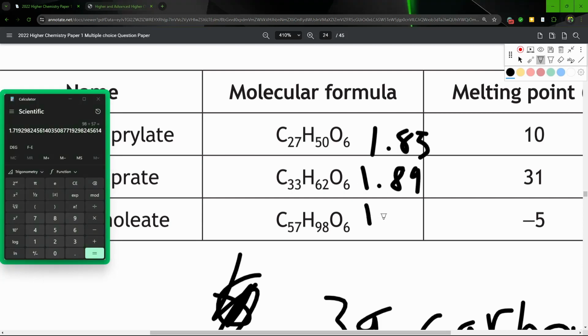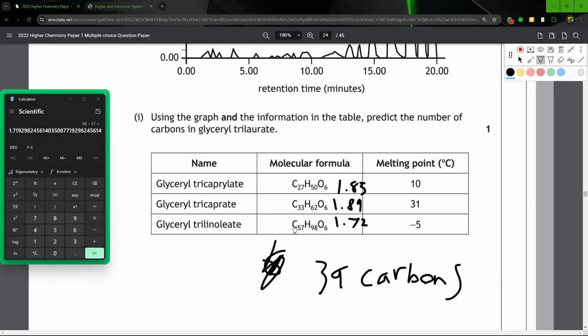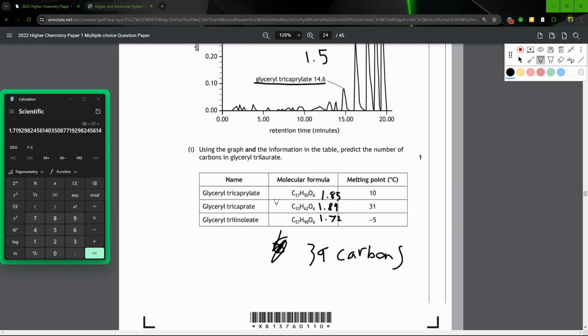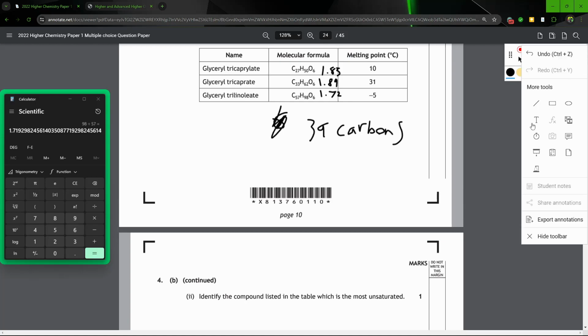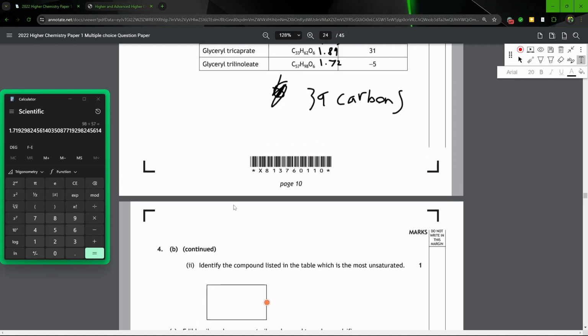Each carbon atom has roughly an average of 1.72. As you can clearly see here, the one with the lowest number would have the highest degree of unsaturation, as that means there's less hydrogen atoms, so there's more carbon-to-carbon double bonds, so it's more unsaturated. So that means we can go and write down our answer, which is glycerol tri something or other.